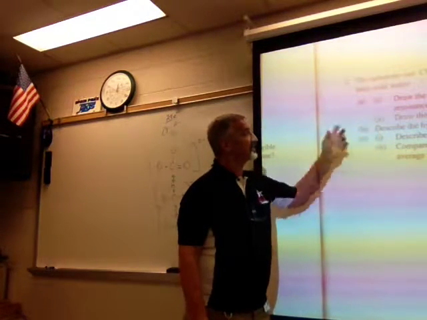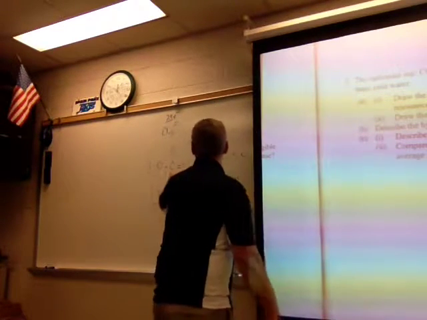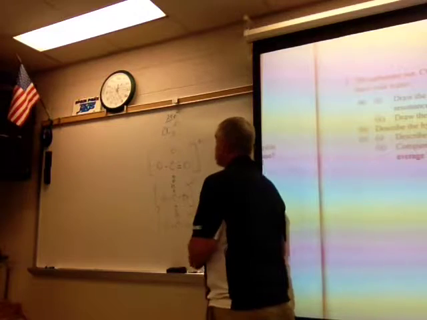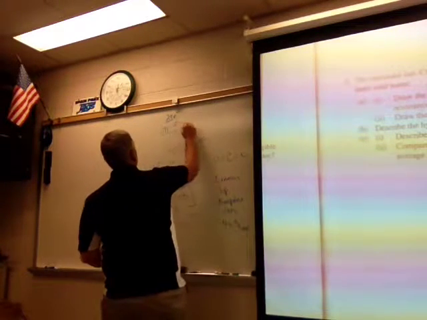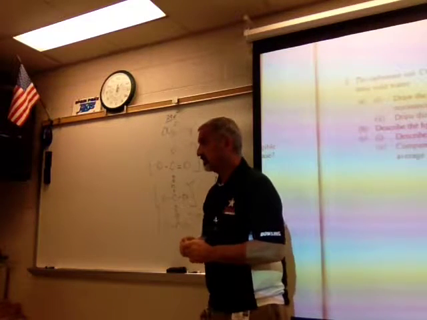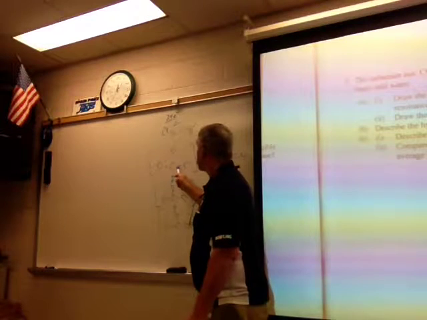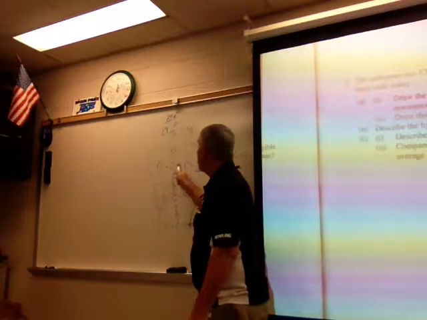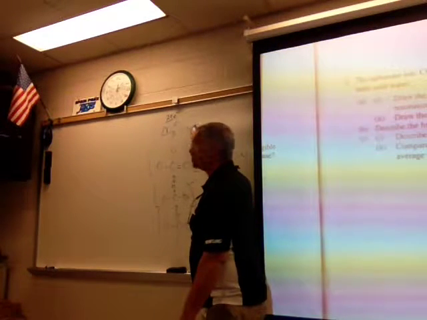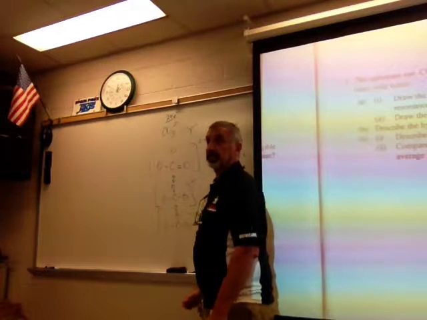Draw the Lewis electron dot structure for carbon dioxide. We did that. Describe the hybridization of the carbonate. What is it going to be on carbonate? sp2. Does everybody know how to figure that? It's AX3. Okay? So there's 3 electron pair domains. AX3. 1 plus 2 makes 3. Okay?